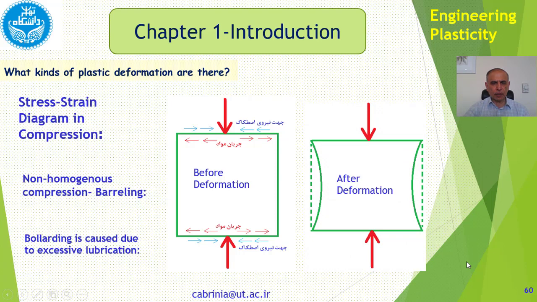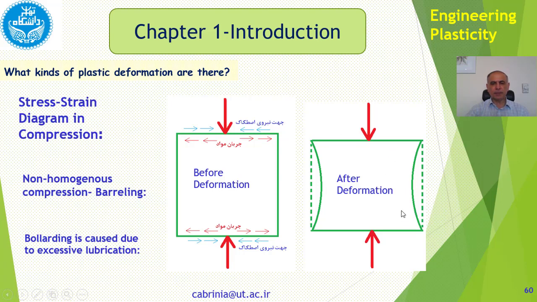In this slide, we are seeing the same compression test, but a different phenomenon has happened. What's happened here? Bollarding is what's happening in here. What is bollarding? As you can see, the compression test in here causes the material flow on the top to go further than the material flow in the middle.